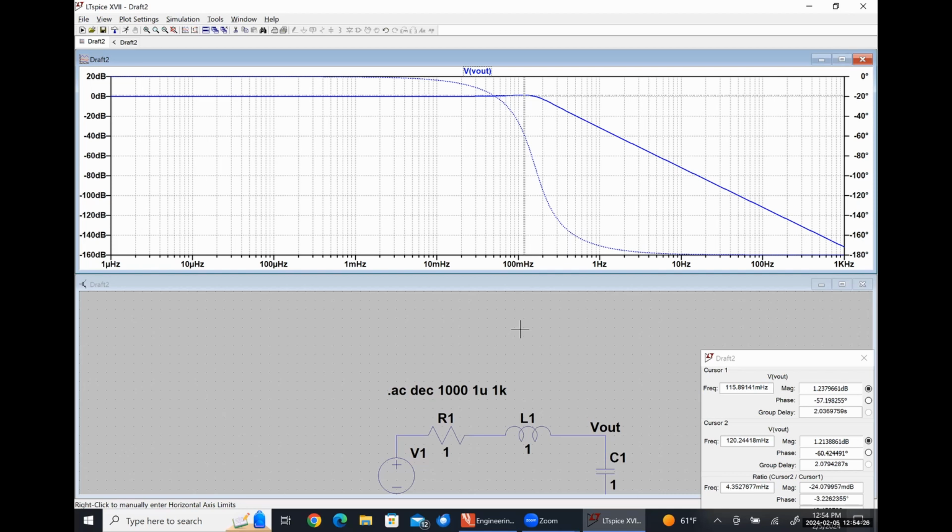Looking at our phase response here as well, I can see that, like I said, for low frequencies, the phase angle should be effectively 0. At exactly our 3 dB, it should be negative 90 degrees, which would be one way for us to find it here.